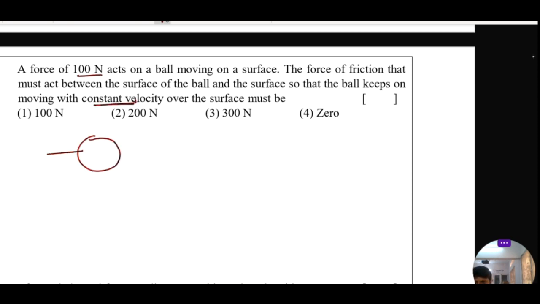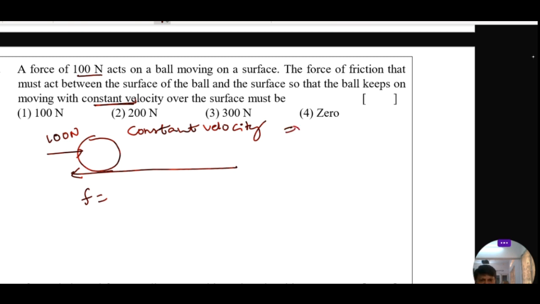This surface exerts a frictional force, but the ball is moving with constant velocity. Constant velocity means net acceleration is equal to 0. Net acceleration equal to 0 means net force equal to 0. That means the force of friction should balance this 100 Newton. That means the force of friction is also 100 Newton. So option 1 is the right answer.